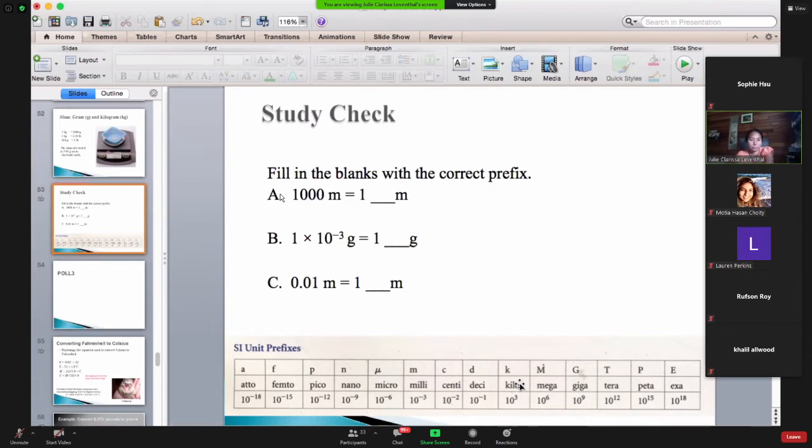Questions? Any clarification, question on conversion factor? Milligram, small m. Small m is always milli.